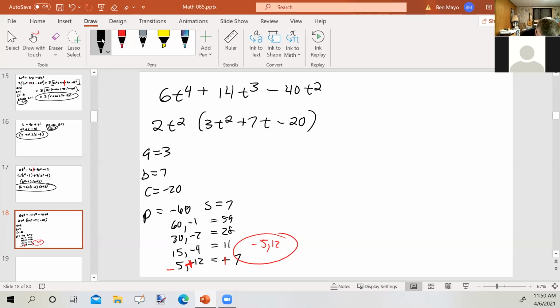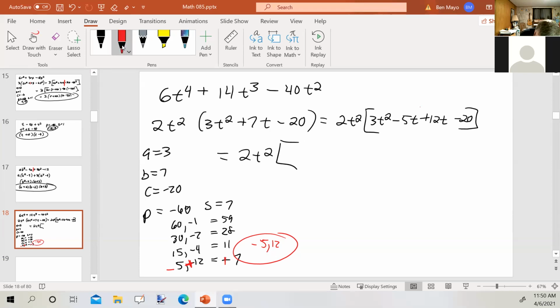All right. So now I've got 2t squared, 3t squared minus 5t plus 12t minus 20, which is 2t squared. I'm going to factor by grouping. So I get t times 3t minus 5.